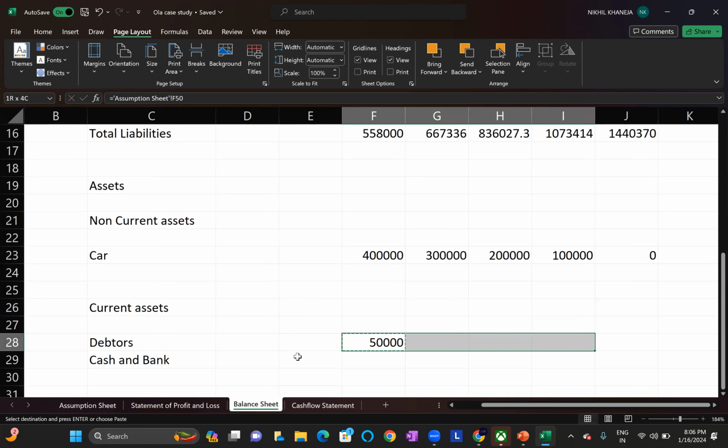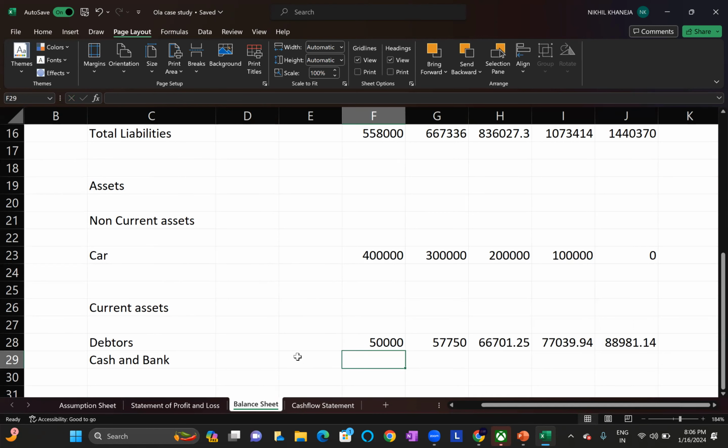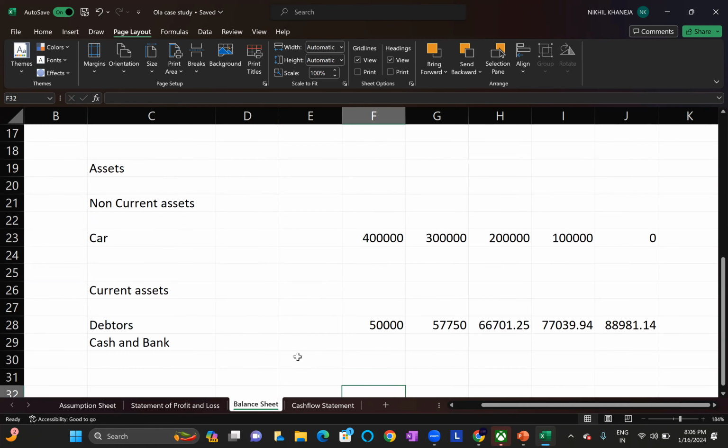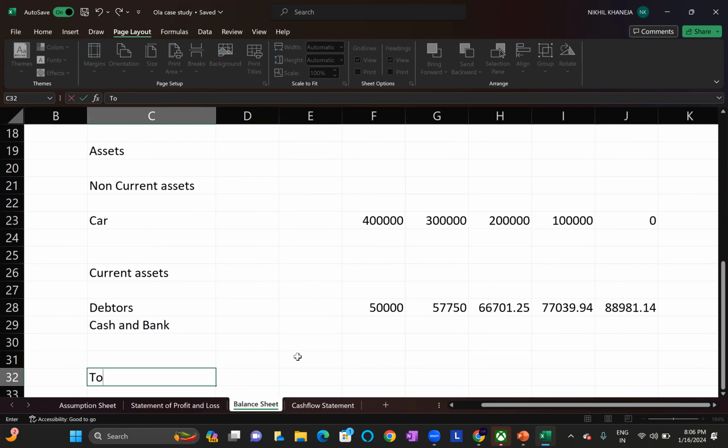Control C. Cash and bank balance is yet to be calculated. We will get this amount from the cash flow statement, so at present I don't have this balance. I'll be just closing up my total assets, but I will keep the cash and bank cell in my formula.